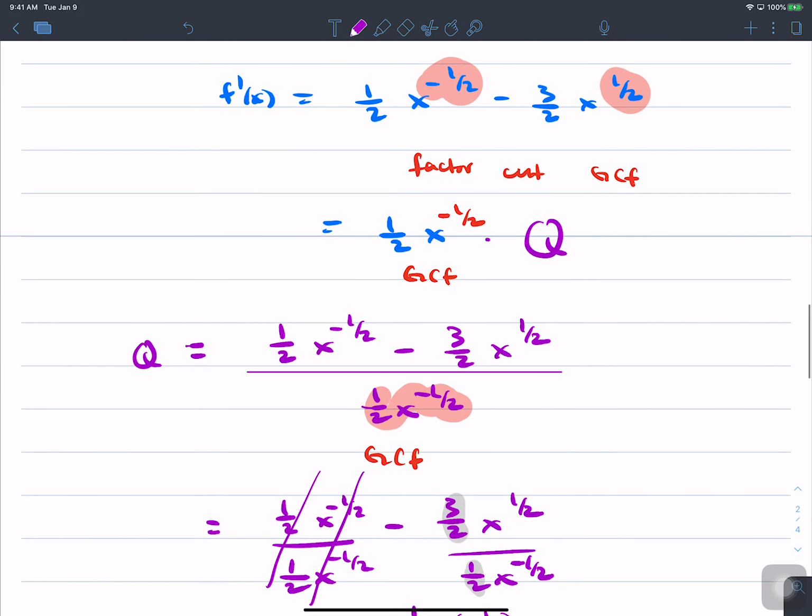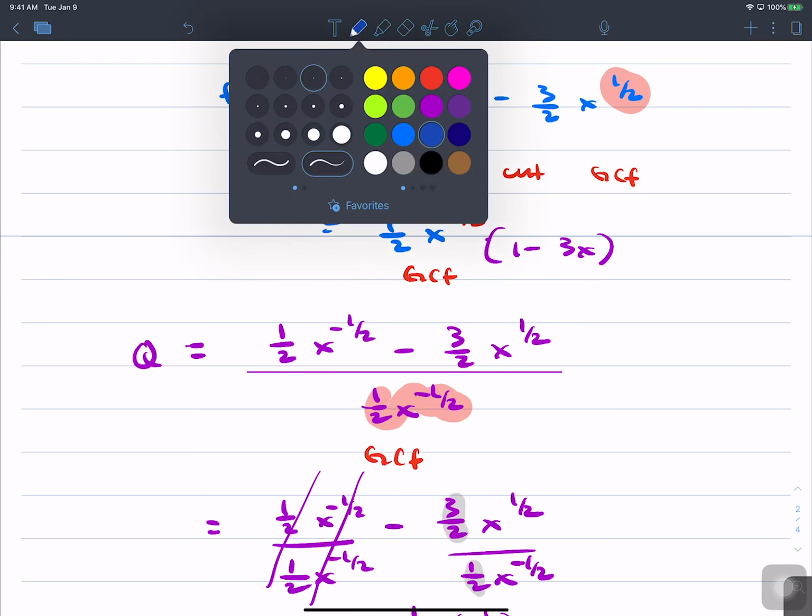So this goes up here. This is the quotient. This is replacing that q. Let me try to tighten this up here. Okay. So this will be 1 minus 3x, and this is my derivative.